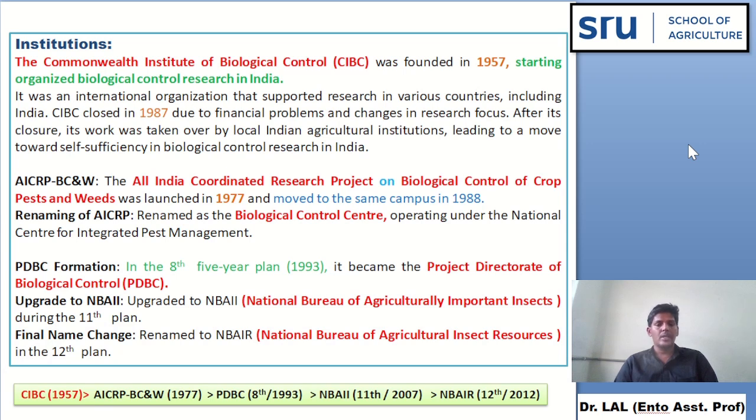For example, AICRP on biological control of crop pests and weeds was launched in the year 1977, and this was moved to the same campus, that is in Bangalore, in 1988. This AICRP was renamed as Biological Control Center.